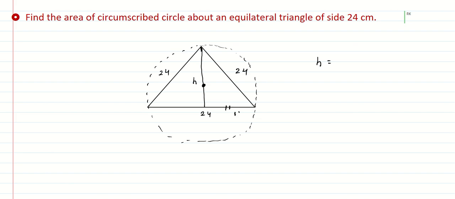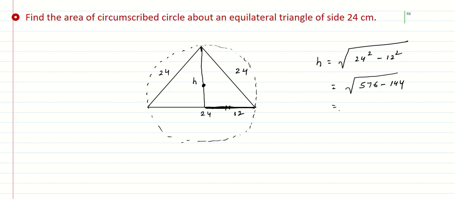So this is 12. So height is equal to root of 24 square minus 12 square. Correct? Here to here is a half, no? So how much will we get for the height? 24 square is 576 minus 12 square, 144, right?